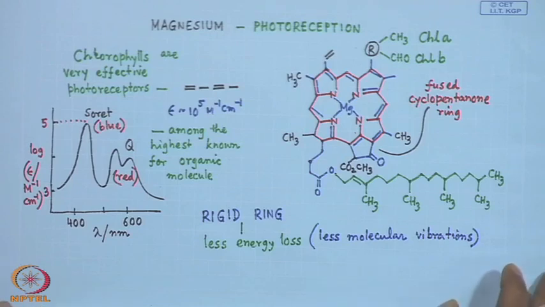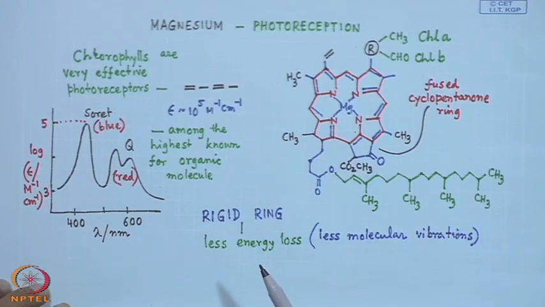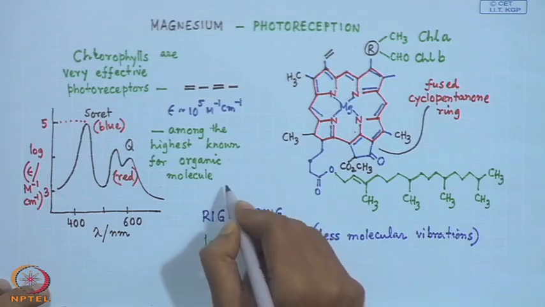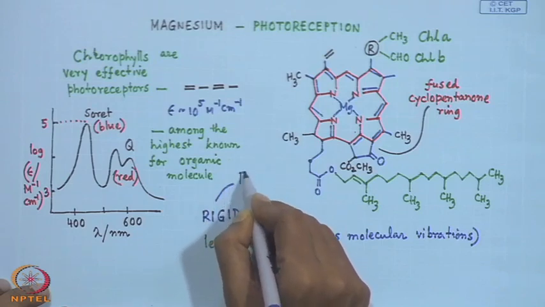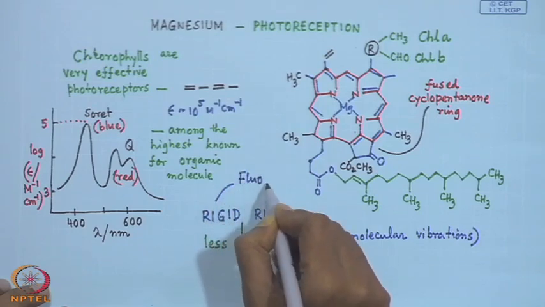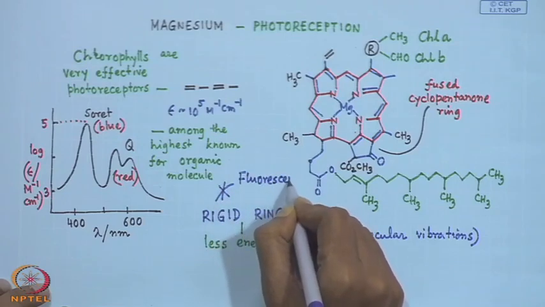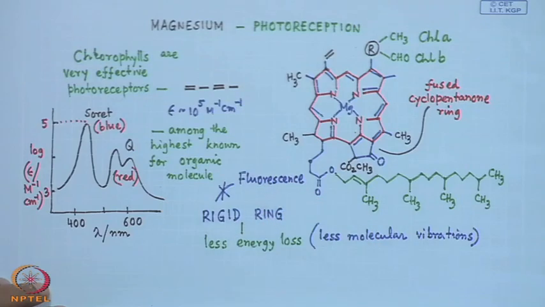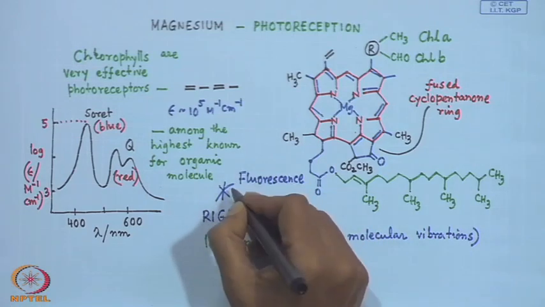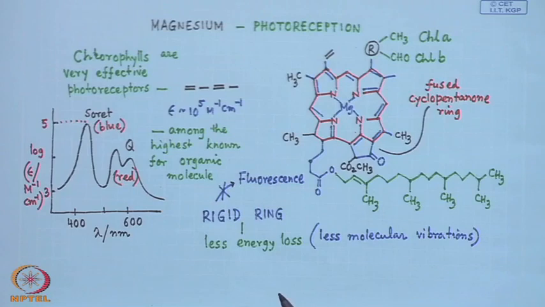So, whatever energy is stored during excitation will be converted for some useful purposes only, and here also we do not expect any fluorescence behavior, because whenever we talk about photo excitation or some property related to the excitation of the species, we will see whether this particular system can show any kind of fluorescence, and it is not showing any fluorescence.